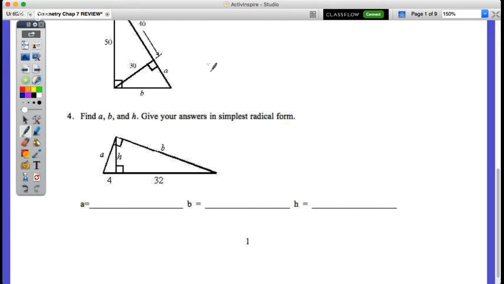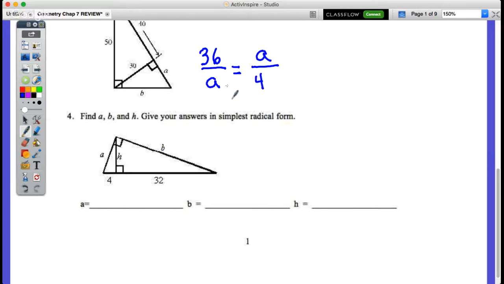So I can use the geometric mean theorem. The legs go here. The whole hypotenuse goes here. The part attached to the leg that you're finding. Do you understand how I set that up for A?